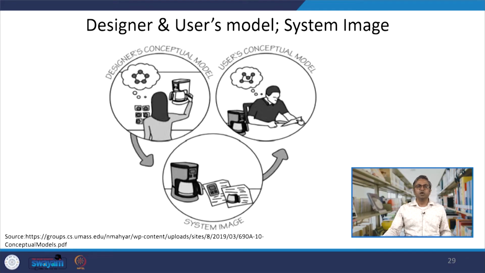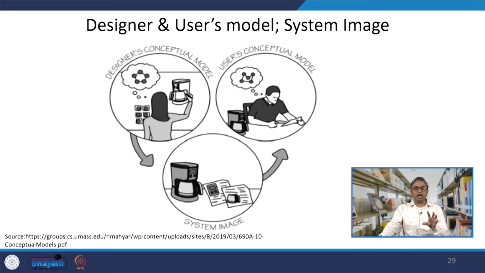Earlier, when we were talking about the organization of information, we talked about the schema theory, the mental model, and the cognitive map. When we were talking about the mental model, at that very moment we were talking about the similarity between the designer model and the user model.